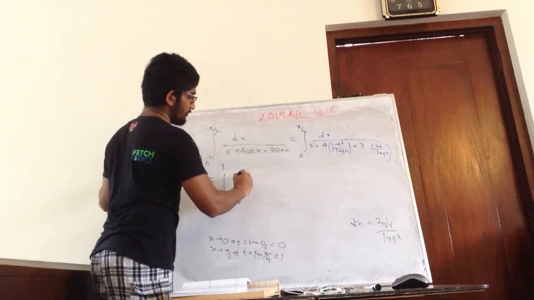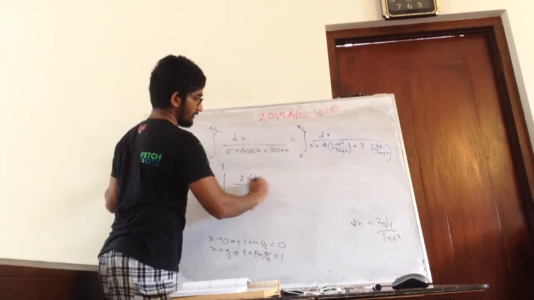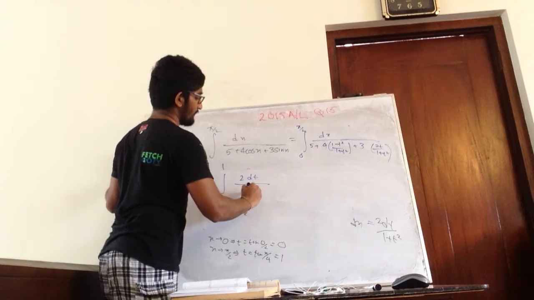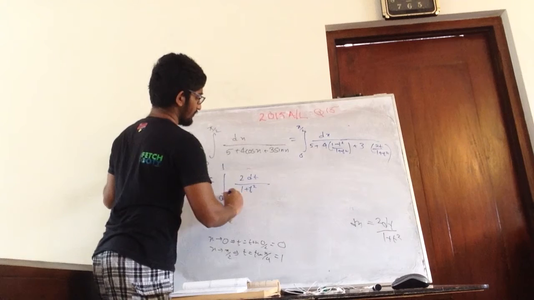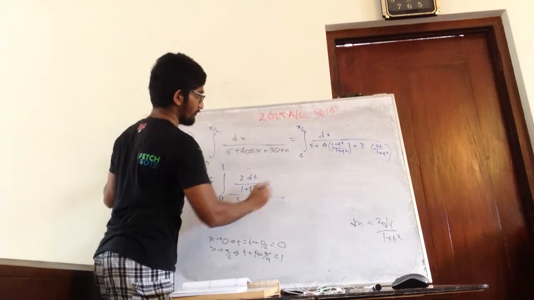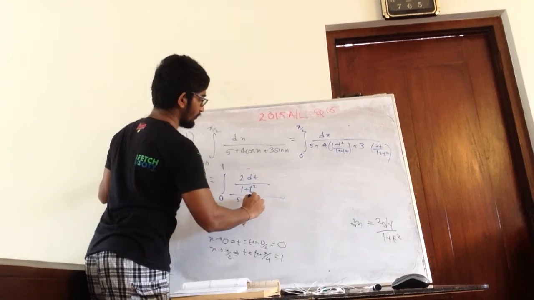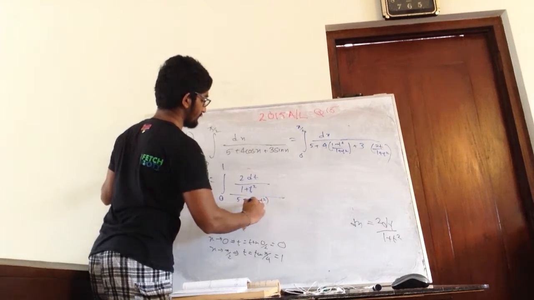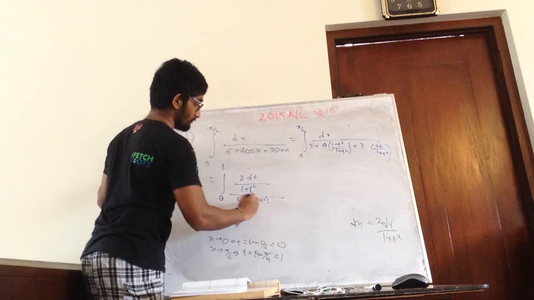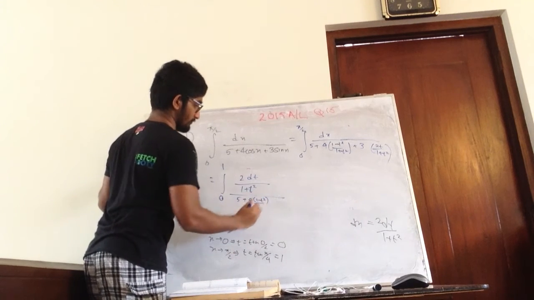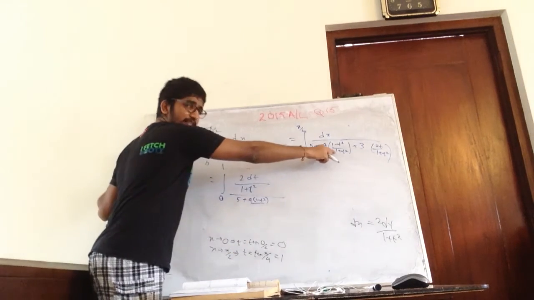dx becomes 2 dt over 1 plus t square, over, this is then 5 plus 4 times 1 minus t square. So I am going to take this as the common factor.